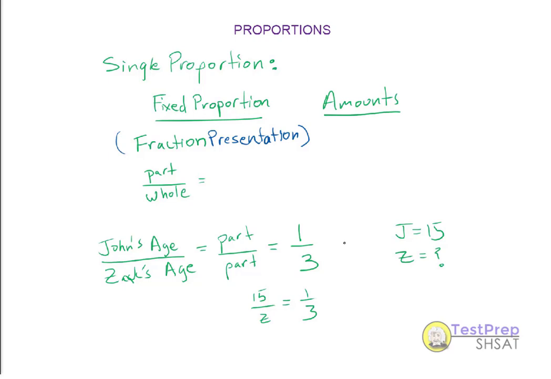We're already a step ahead of the game of the previous presentations because we essentially have our proportion equation set up as fractions already. So I would substitute 15 for J. 15 over Z equals 1 over 3. The result is Z equals 3 times 15, or 45. So Zach's age is 45 in that case.